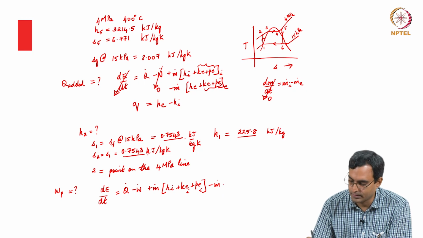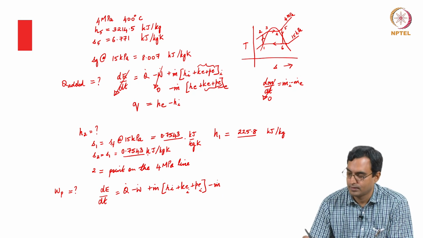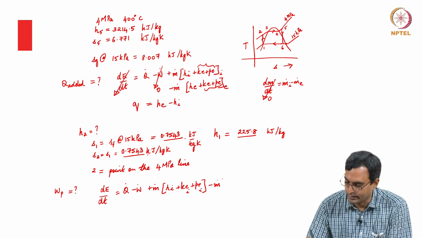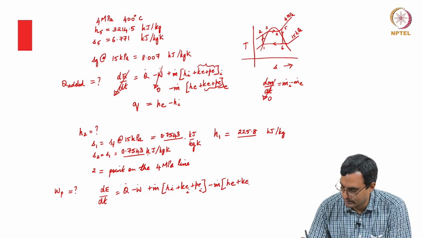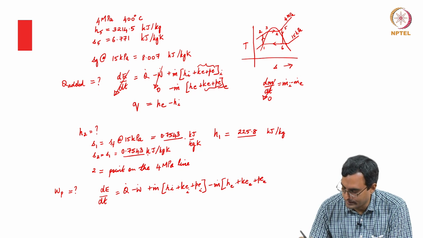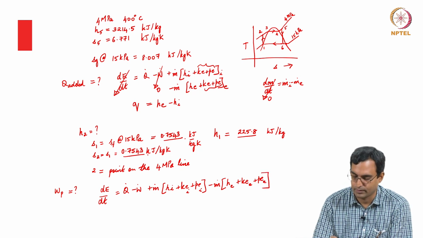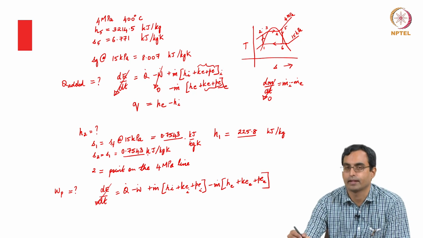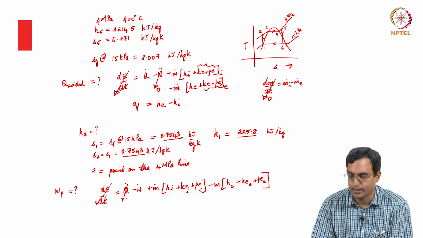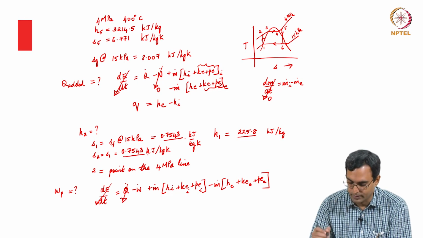There is only one inlet and one outlet, it is steady state. So, I am using this again and just writing this. Enthalpy at the exit, kinetic energy, potential energy at exit, and so on. It is a steady process, this is 0. 1 to 2 is an isentropic process, which means it is adiabatic and reversible. So, this is 0.